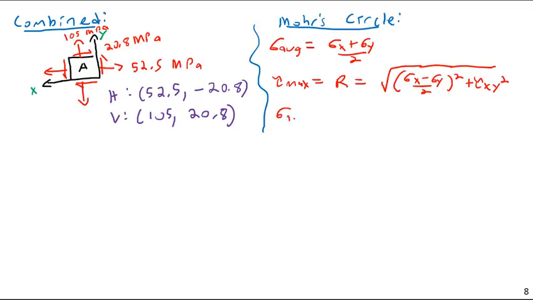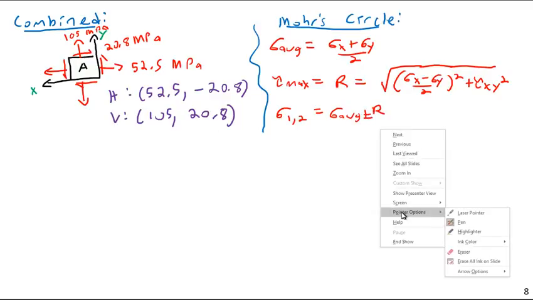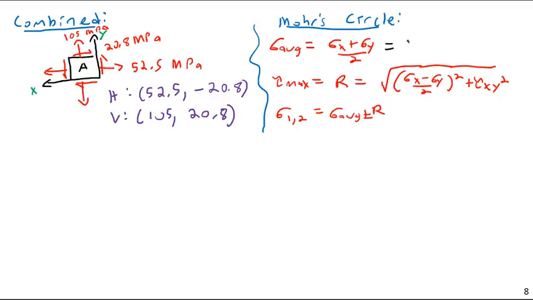And sigma 1 or 2 equals sigma average plus or minus r. And so running through these, this will give us 78.78 megapascals, and this will give us 33.43 megapascals.